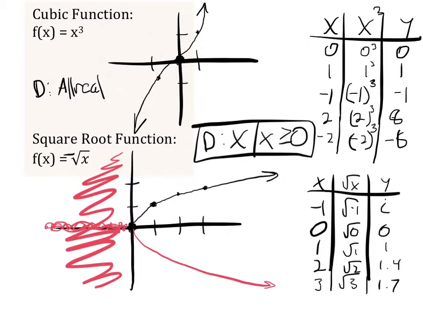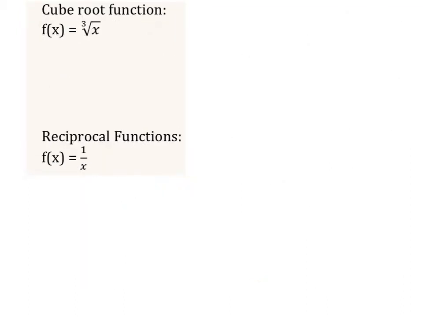Alright. Moving forward. Okay, we've got the cube root of x, which might seem a little tricky because you're thinking, oh, I just learned how to do the square root. Shouldn't the cube root be exactly the same? Well, it's not. The problem is that we have an odd index here. And with an odd index, you have the ability to cube root negatives.